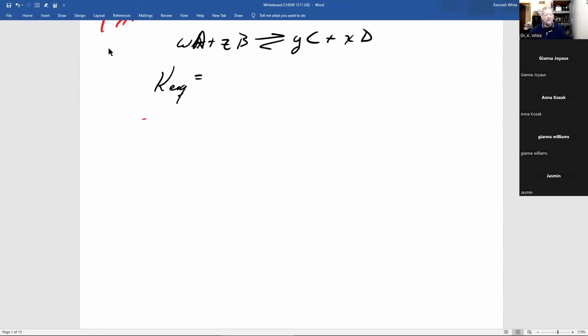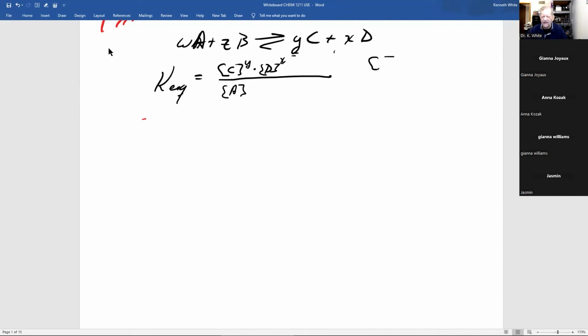All right, similar reaction. I don't know if I use the same letters, but the equilibrium constant is the concentration of each product on the right, C, to the coefficient power, times the concentration of D to the power of the coefficient, divided by the concentration of each reactant.